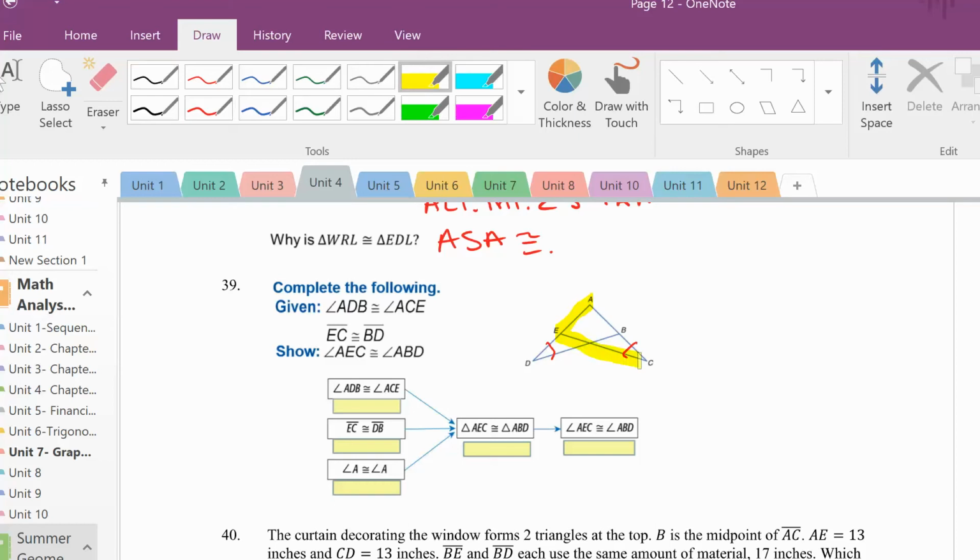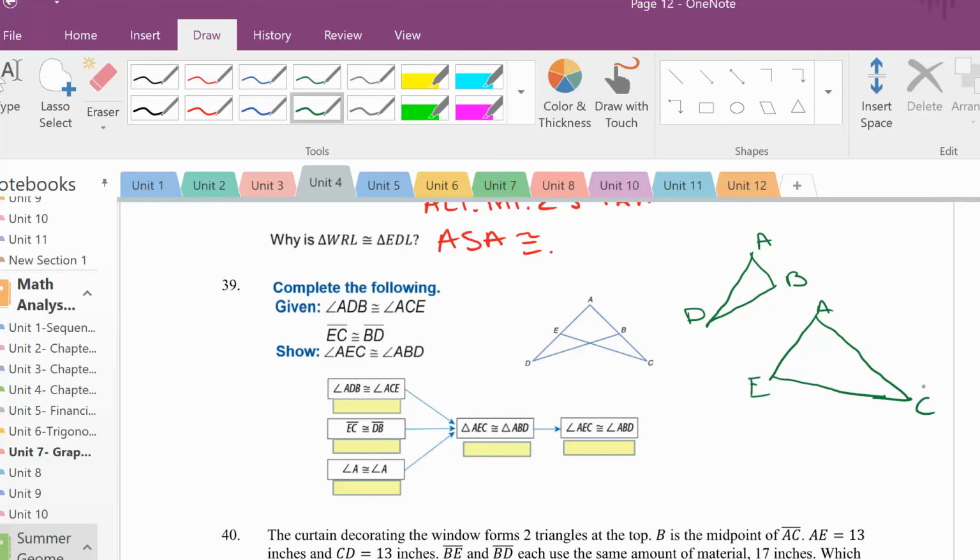So you have this triangle here, and then you have this triangle here. So you have two triangles basically. If it helps, you can draw them separately. Like this would be A, B, D, and then this would be A, E, C, like that.